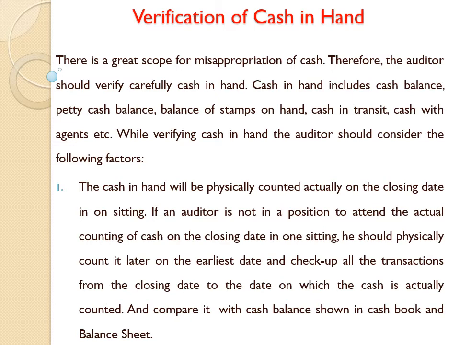What items are included under cash in hand? There are certain items which are included under cash in hand such as cash balance, petty cash balance, balance of stamps on hand, cash in transit, cash with agents, etc. These items are covered under cash in hand.